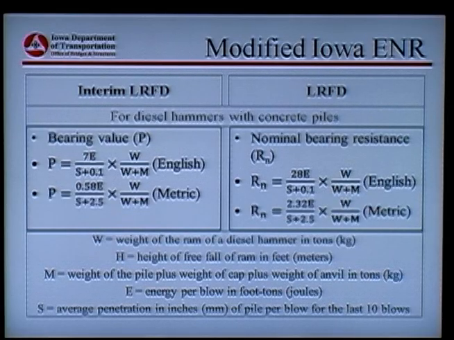Similarly, diesel hammer on concrete piles, 7 converted to 28, 0.58 converted to 2.32 by multiplying by 4. Right? These are the changes made if you use the Iowa ENR formula as your construction control and determine the capacity of the pile during construction.